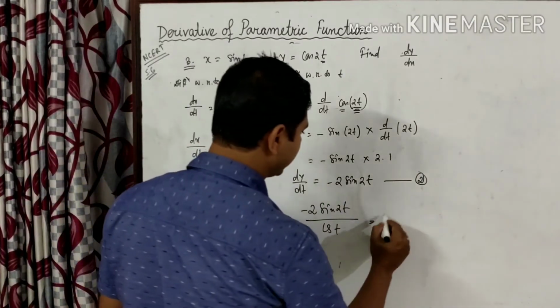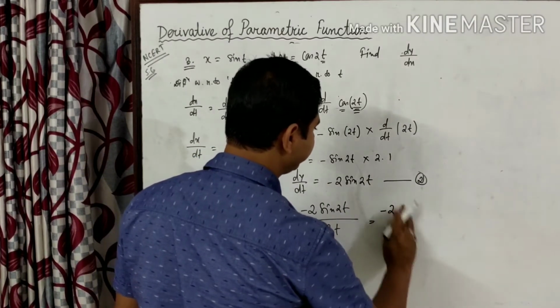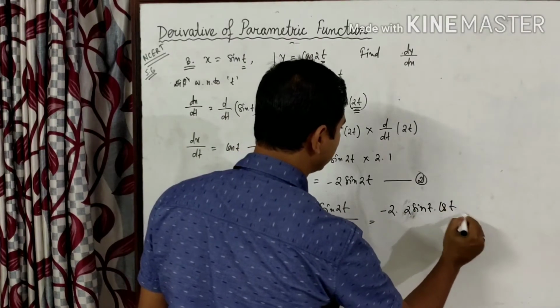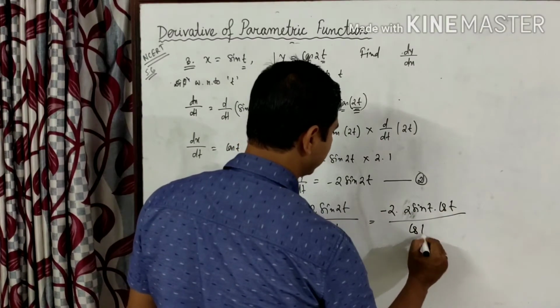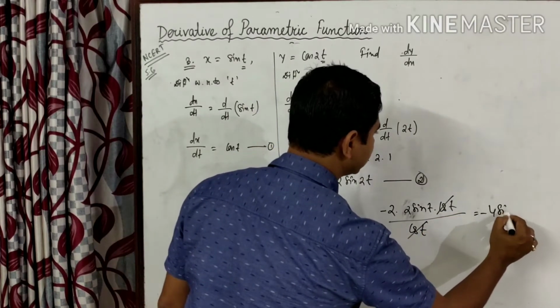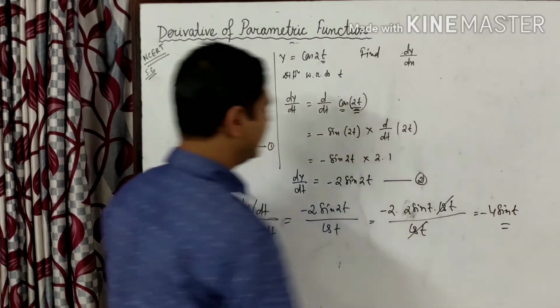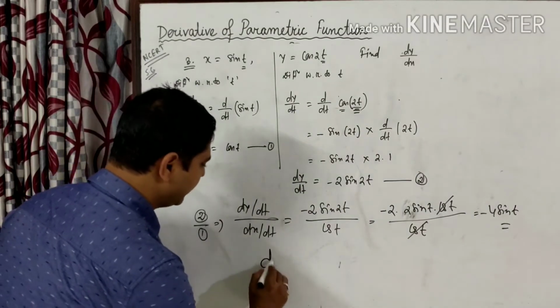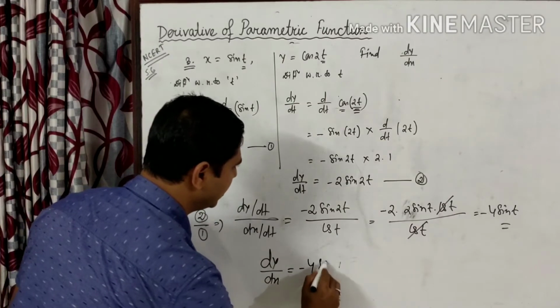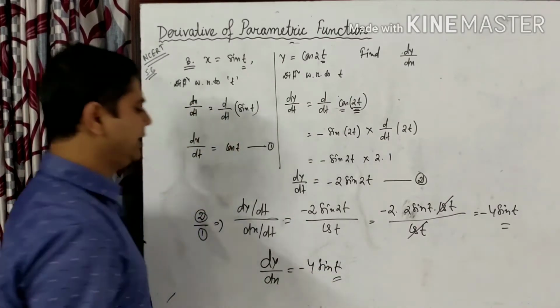We can simplify this and write it like this: minus twice sin t cos of t divided by cos of t. cos of t cancels, minus 4 sin of t. That is the value of dy by dx equal to minus 4 sin of t. That is the derivative of this function.